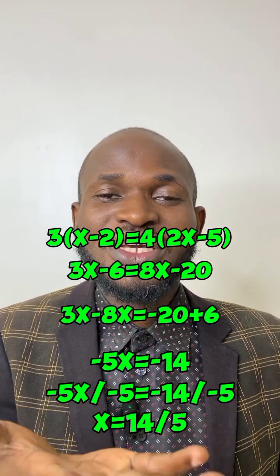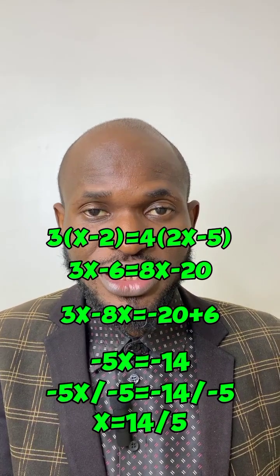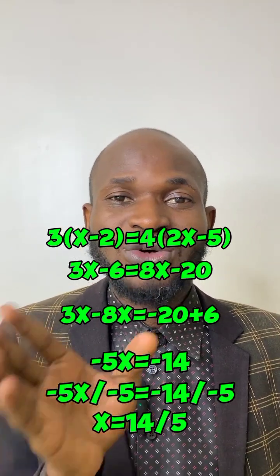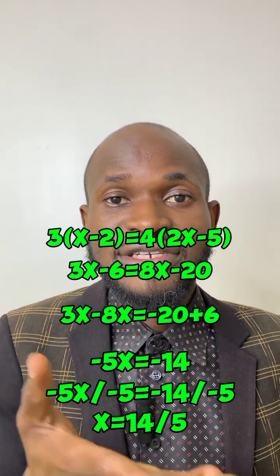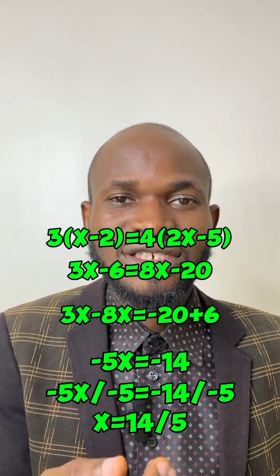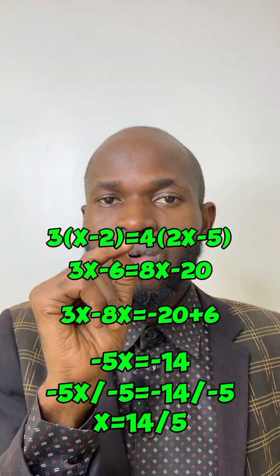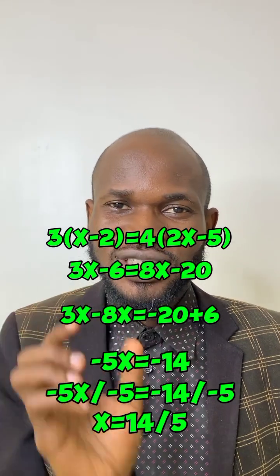So just pay attention. You have 5 times 2 is 10. Then you have 5 times 3 is what? 15. Now 15 is greater than what? 14. So we cannot concentrate on 3, but we can concentrate on 2 because 2 times 5 is 10 and 10 is less than 14. So what you now do is this. I hope you know that by saying 14 divided by 5, they want you to divide out 14.